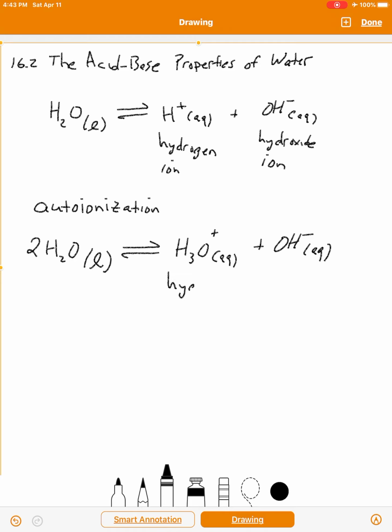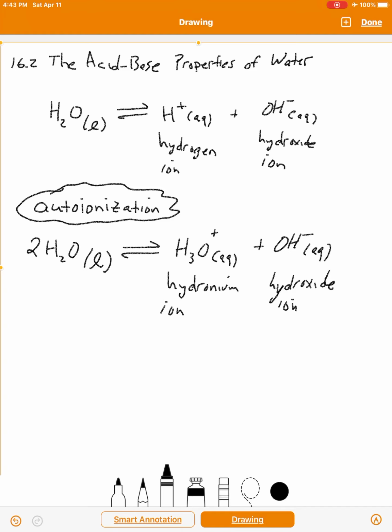Remember, this is called hydronium, and this is the hydroxide ion. So this is a different way of representing the auto-ionization of water.